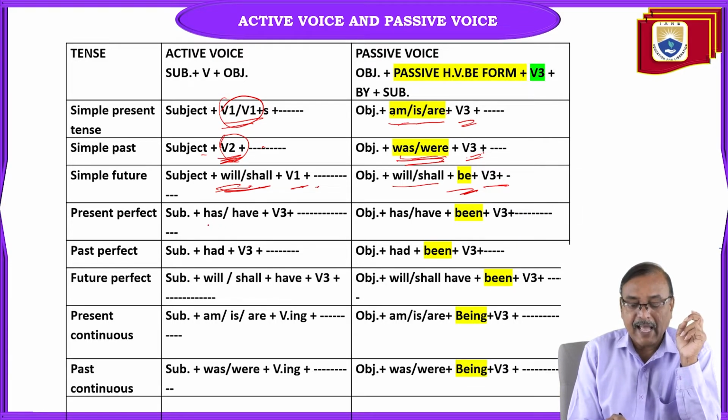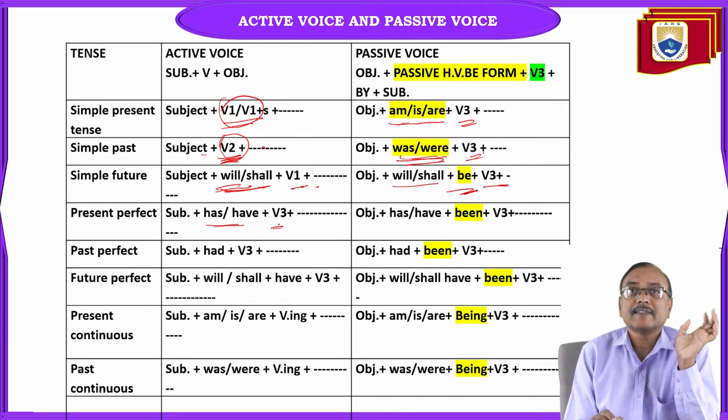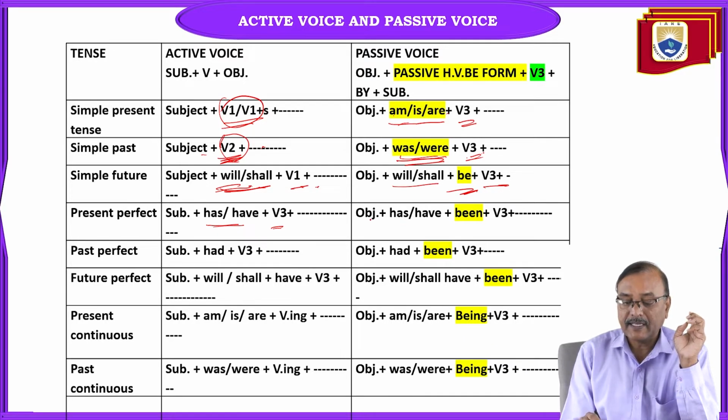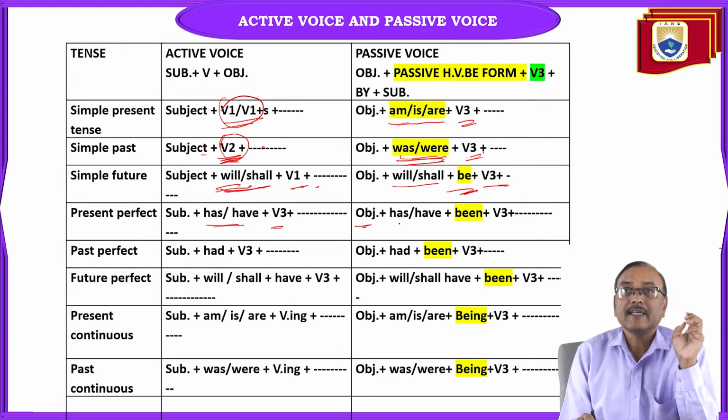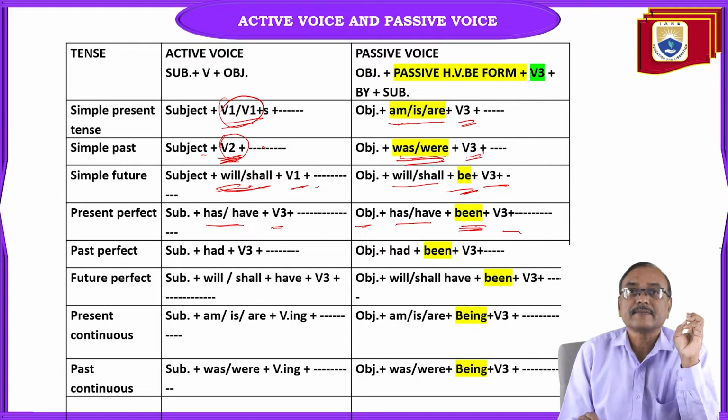Present perfect has subject plus have or has plus V3 in active voice. In passive voice, what are you doing? You are using the same first object, then has or have, and an extra been before V3. In past perfect, had V3. In passive voice, had been V3.